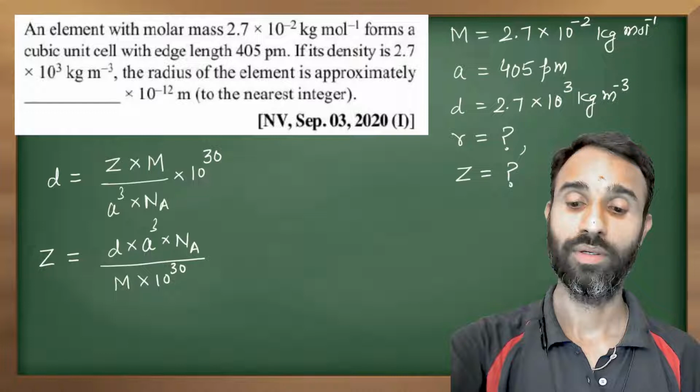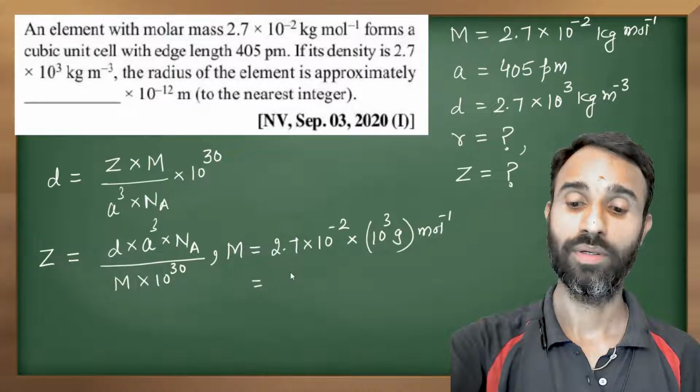So first capital M. Capital M is 2.7 into 10 raised to power minus 2 multiplied by 10 raised to power 3 gram, right?